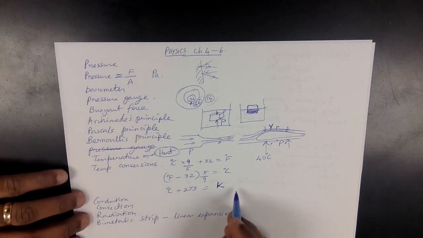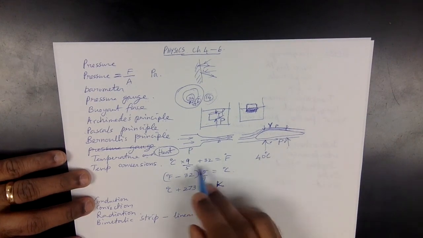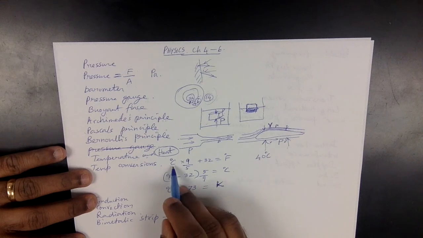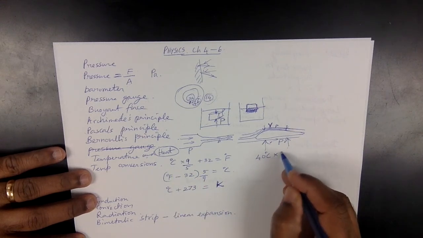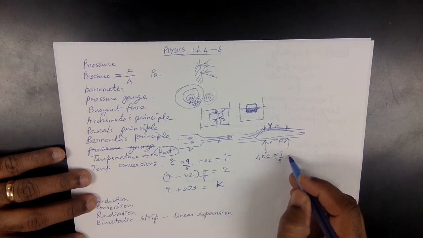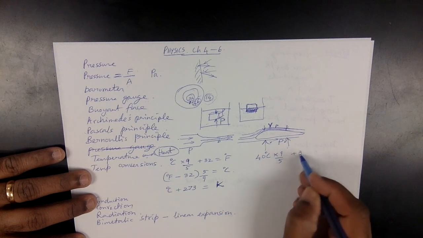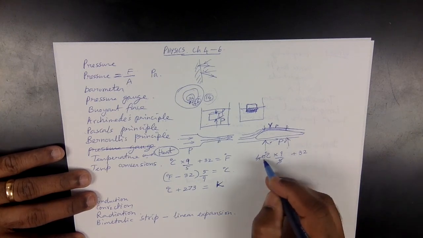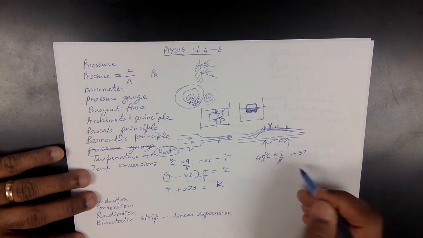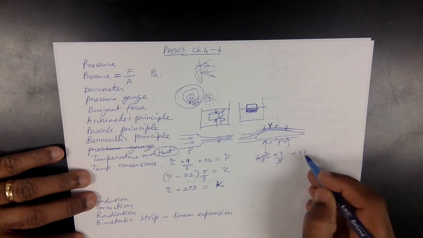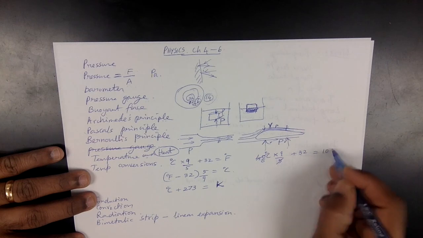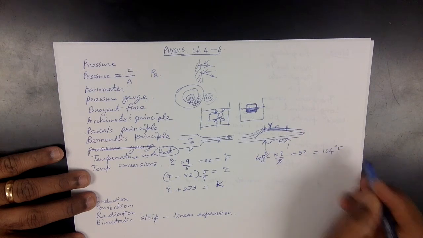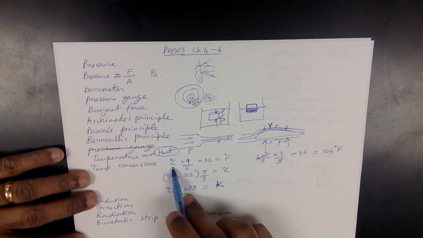You take 40, multiply it by 9/5, and then after you do all that, you add 32 to it. So 5 goes in 40, 8 times 9 is 72. 72 plus 32 gets you 104 degrees Fahrenheit. So we are able to convert from Celsius to Fahrenheit.